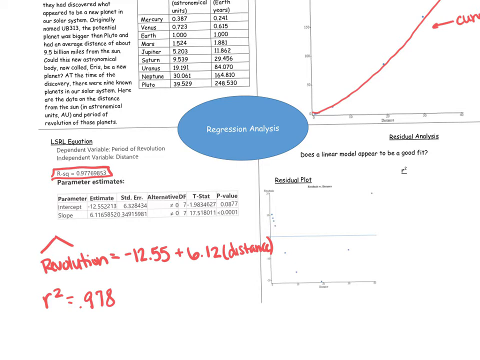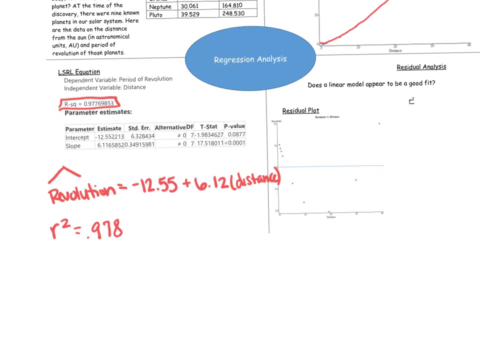Remember, we have that sentence stem to help us interpret R squared. Just in case you forget, let me write it down real quick.